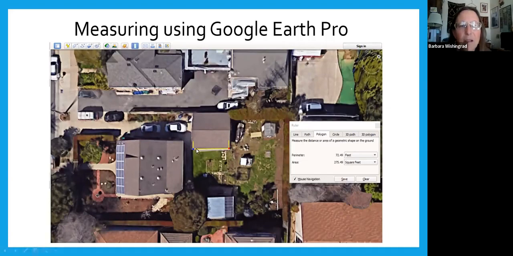I don't know if you can see that close. Yeah. So as you click on one, it starts the measurement. And then when you click on the next one, it ends the measurement. And if you make that a square, then you'll get the square feet, which is something that we're going to need to figure out the rainwater harvesting part, and also other parts of the landscape, how to figure things out.